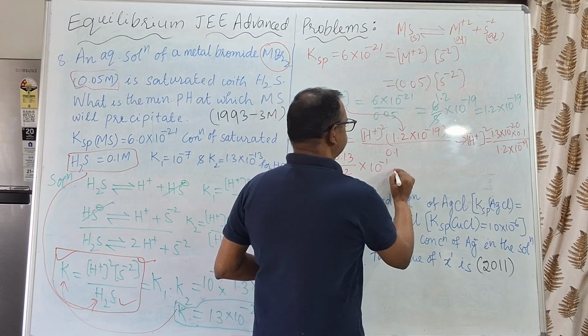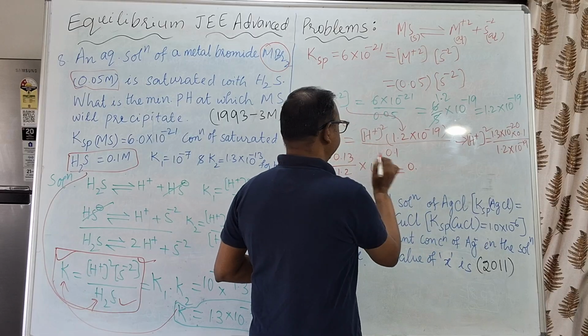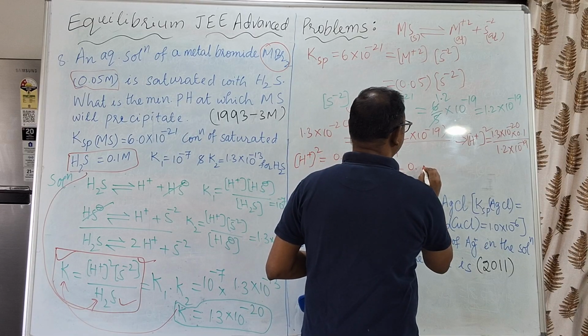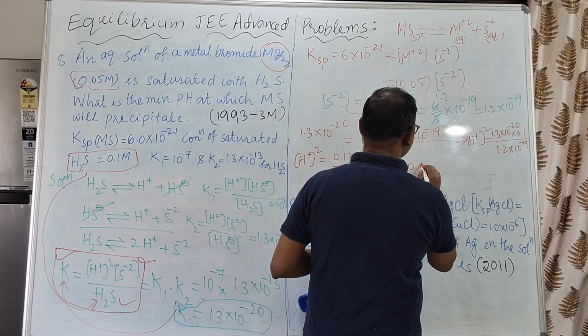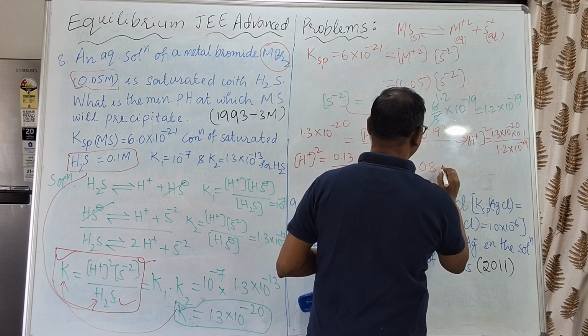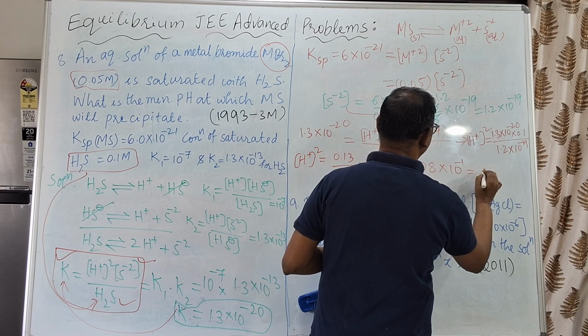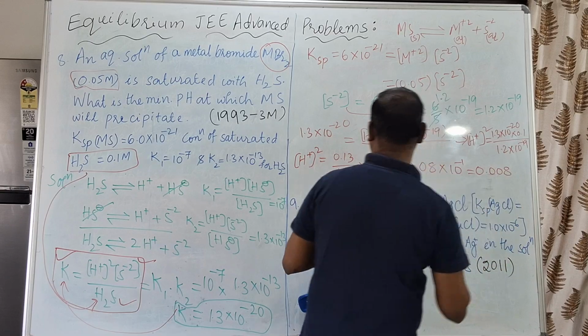Therefore, this is equal to 0.13 by 1.2, you can write it as 0.08 into 10 power minus 1, that equals 0.008, we can write it.